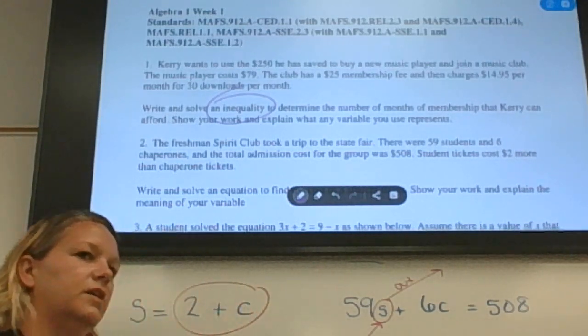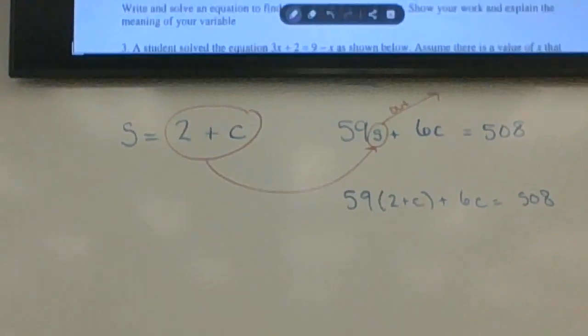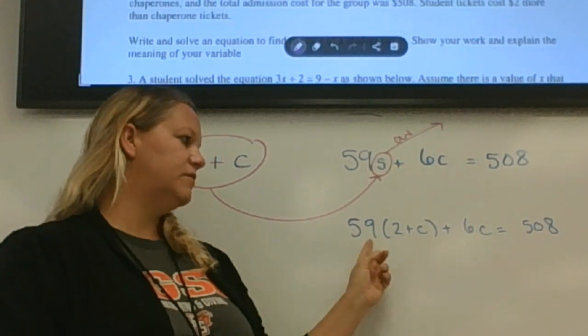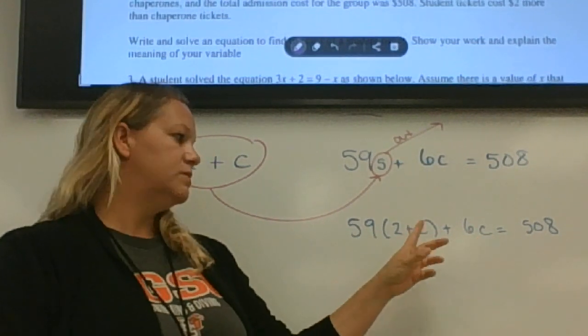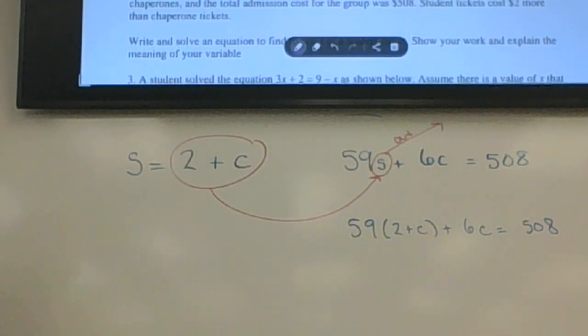And this puts everything kind of in the same context. Our $508 was the 6 chaperone tickets and 59 of these tickets, which were just like chaperone tickets but $2 more. Now I'm going to give you a moment to solve it. Find the cost of a student ticket.